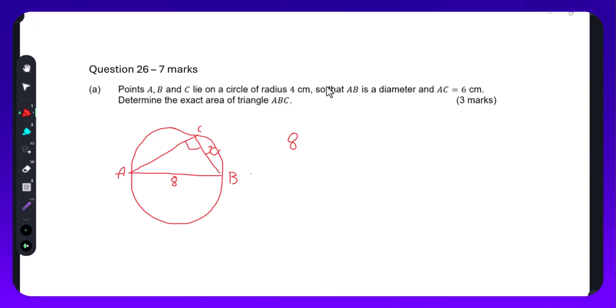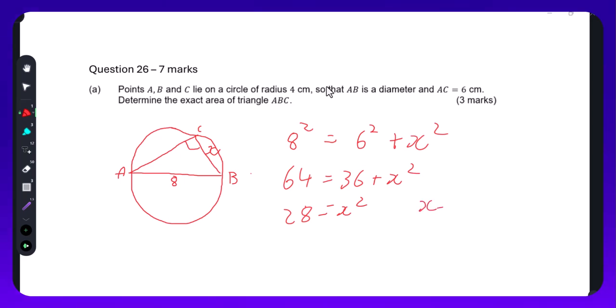So I've got 8 squared equals 6 squared plus x squared. So that's going to get you 64 equals 36 plus x squared. Take the 36, you get 28 equals x squared, and therefore x will be equal to square root 28.